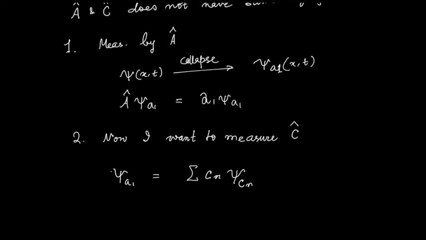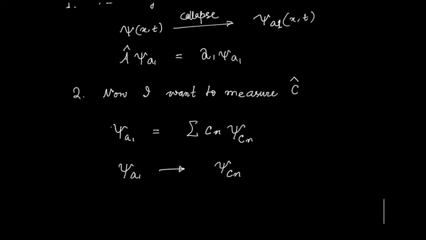And again, when I do the measurement, then psi A1 will collapse to one of these Cn, and then you will make a measurement with C, and you will get Cn psi Cn.